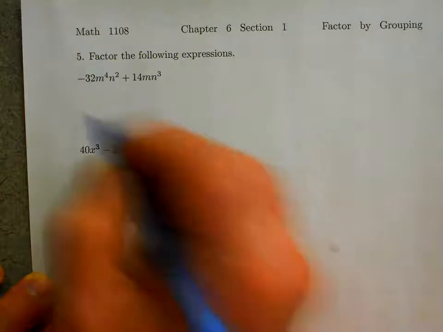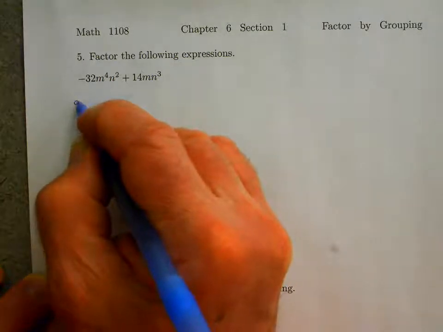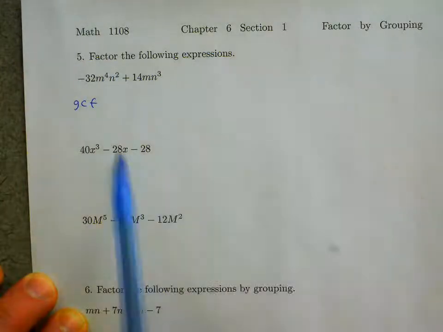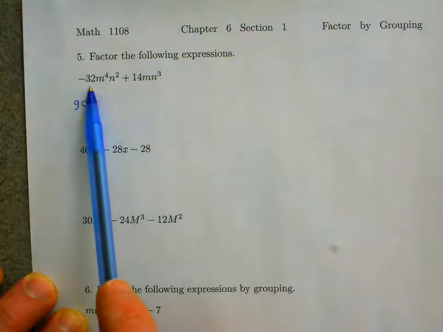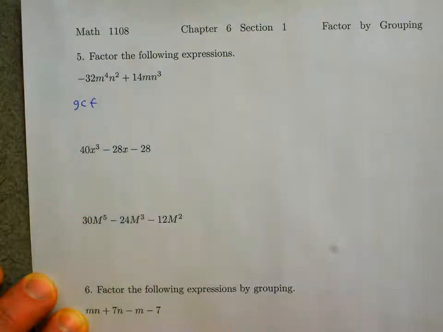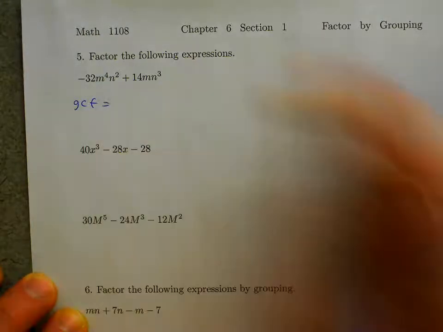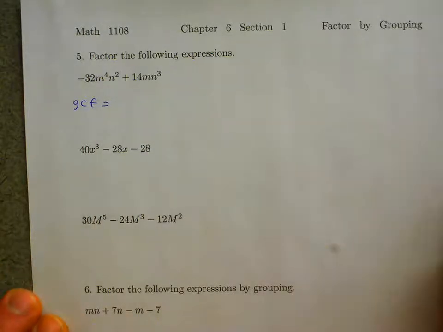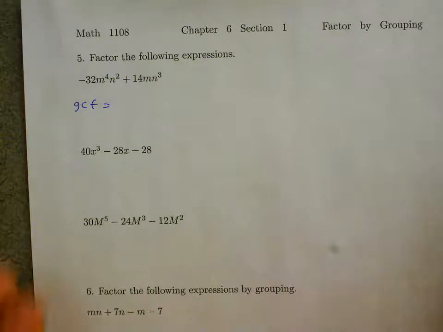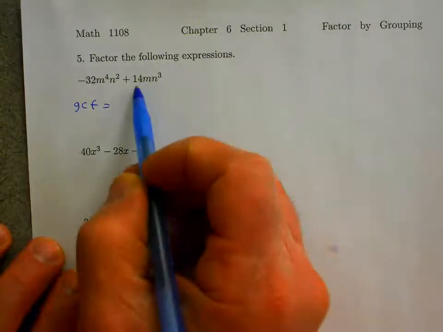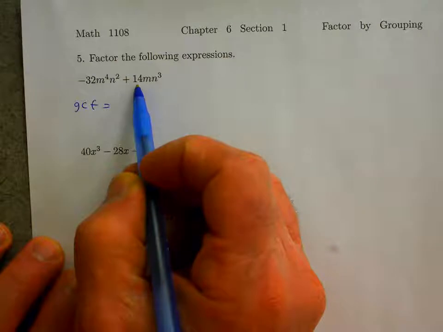Okay, so let's first find the greatest common factor. When we just think of positive 32 and 14, what's the greatest common factor of 32 and 14? 2. Yeah, the integer factors of 14 are just 1, 2, 7, and 14.